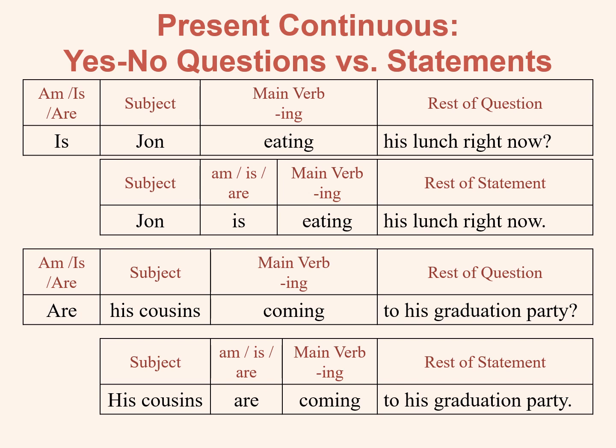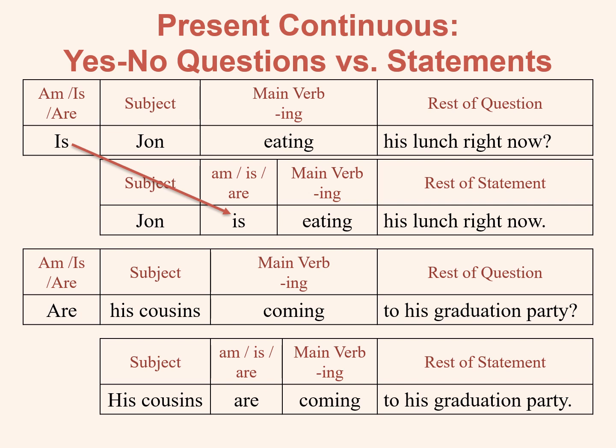In the statement, we get the subject, then am or is or are, the main verb with the ing suffix, and the rest of the statement. John is eating his lunch right now. So the question begins with am or is or are, and then the subject is John.